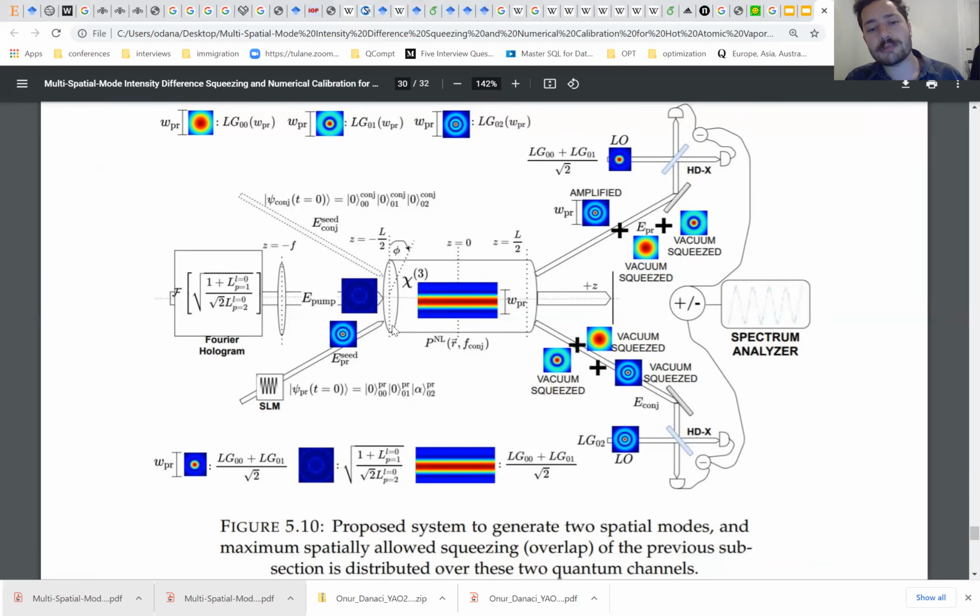Yes, again, you have this parametric amplification of the 0-2 beam in exchange for this in the conjugate beam, but you are also creating 0-0 and 0-1 over here.